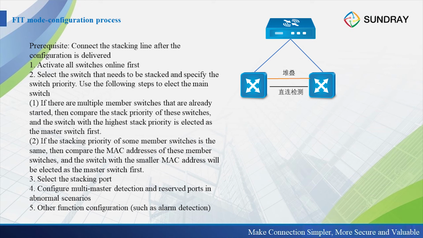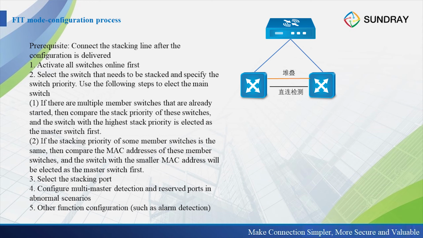If there are multiple member switches that are already started, then we compare the stack priority of the switches, and the switch with the highest stack priority is elected as the master switch first. If the stacking priority of some member switches is the same, then we compare the MAC address of the switch.